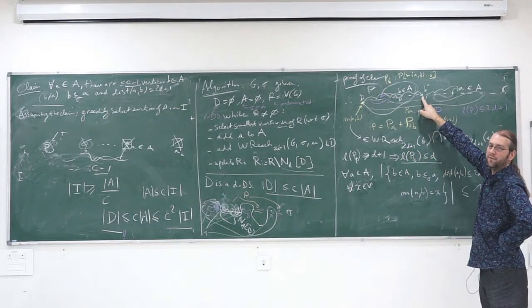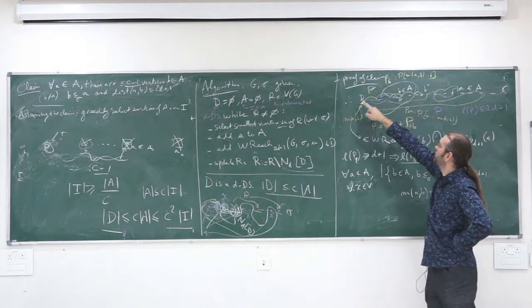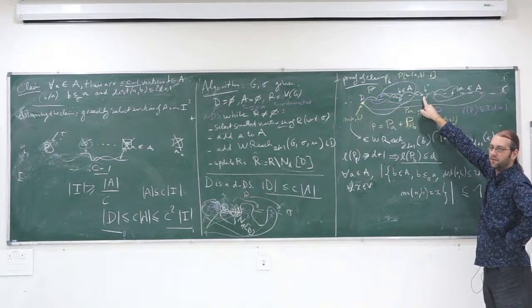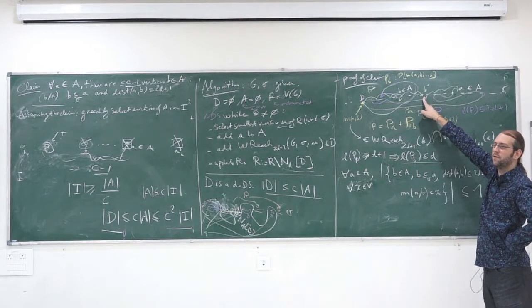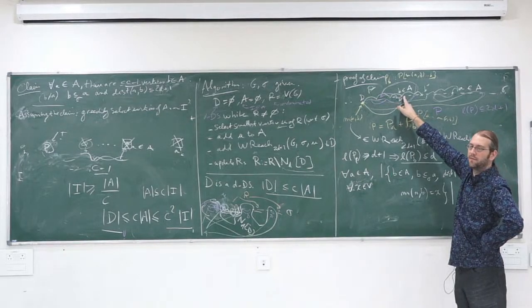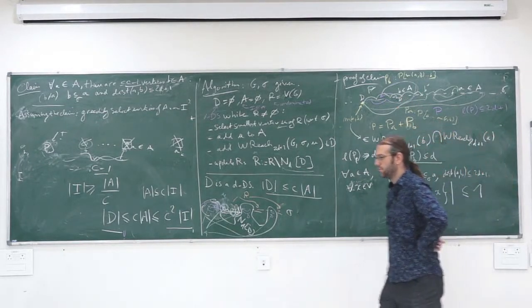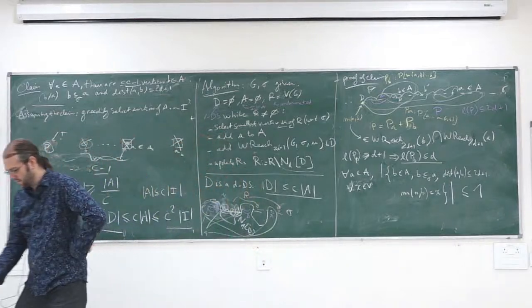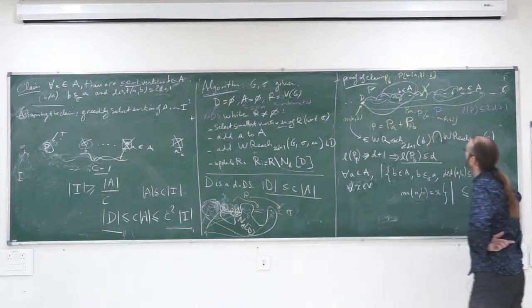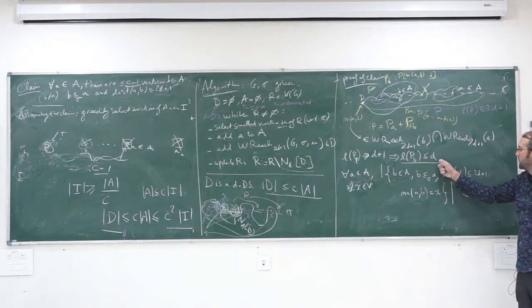Why? Because he's already dominated by this one. So he should not have been a candidate in A. So he doesn't exist. Between b and b prime, only the smallest one can exist. This is not a real vertex. This is just because of this property.